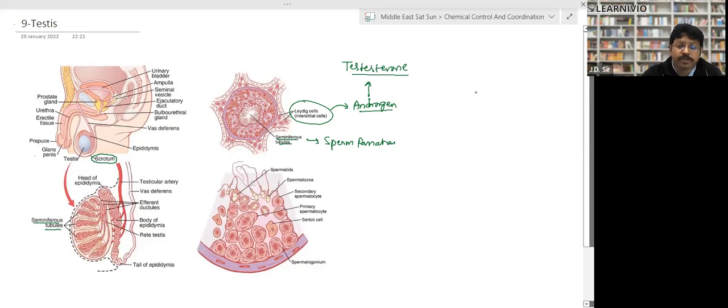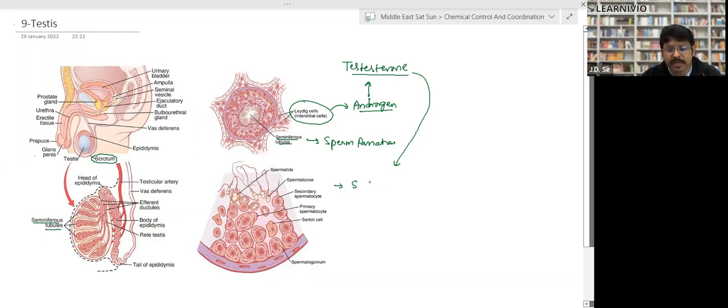The function of testosterone is development of secondary sex characteristics. Can anybody tell me what the secondary sex characteristics are?